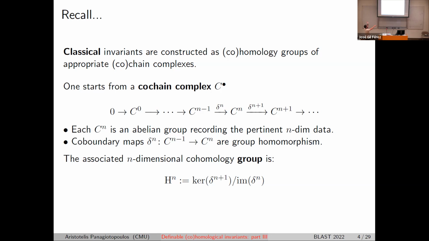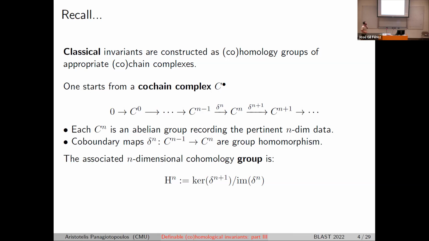This means, in particular, that the image lands inside the kernel of this map. So I can divide them, and this is what the cohomology group is. Centered around n here, I have one map whose kernel I take, and I have one map whose image I take, and the nth homology is the quotient centered around here.